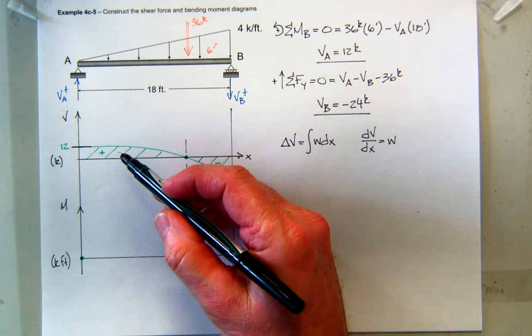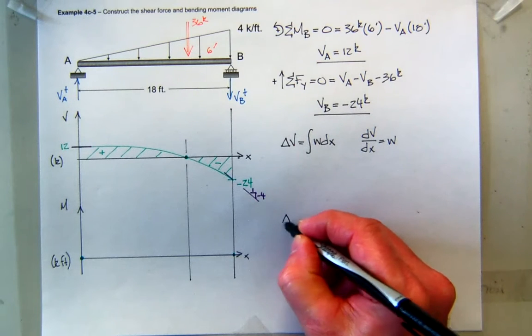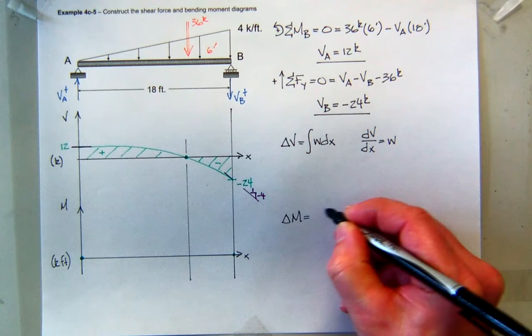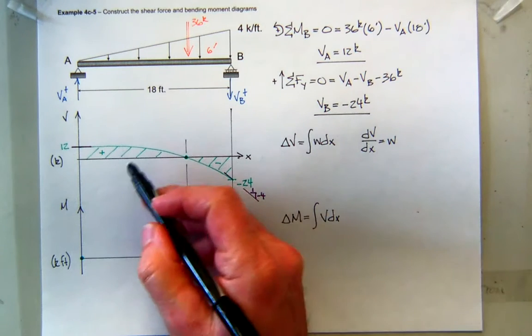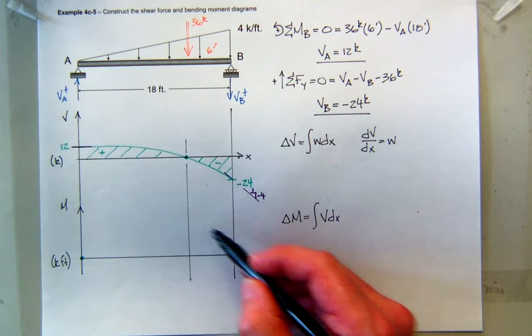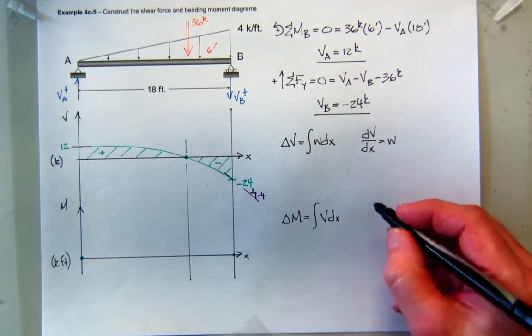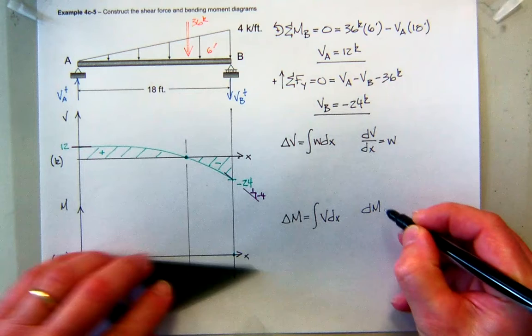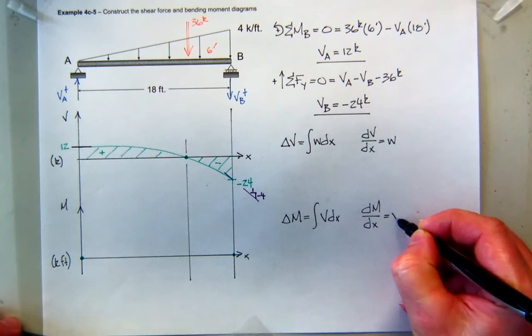But this positive area under the shear diagram, we know that the change in moment is equal to the area of the shear diagram. So this positive area will make me move up to some value. And this negative area will probably bring me down to 0. Seems reasonable, right? And I also know that the slope of my moment diagram is equal to the value of the shear.